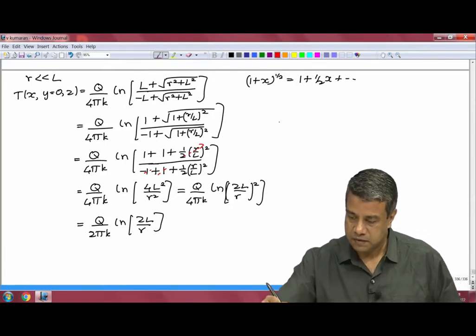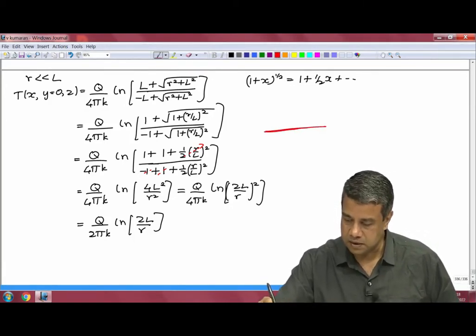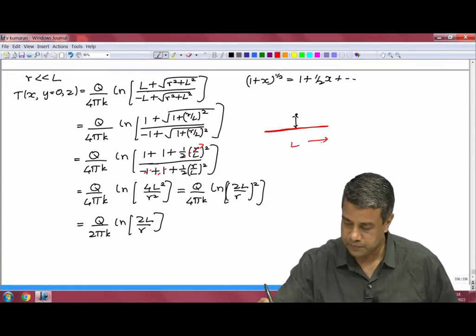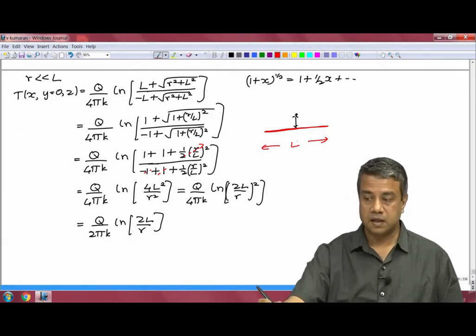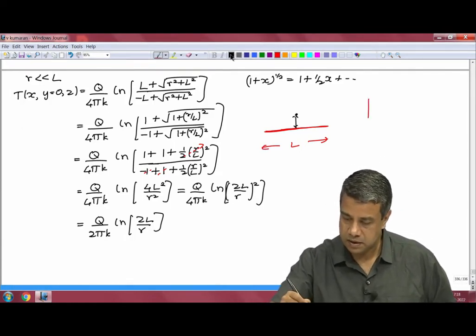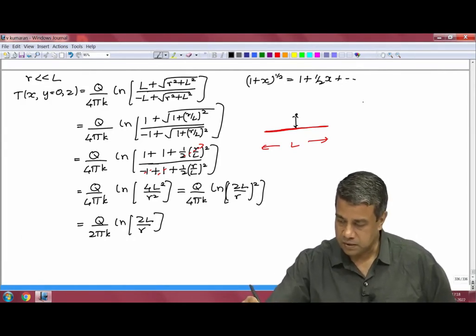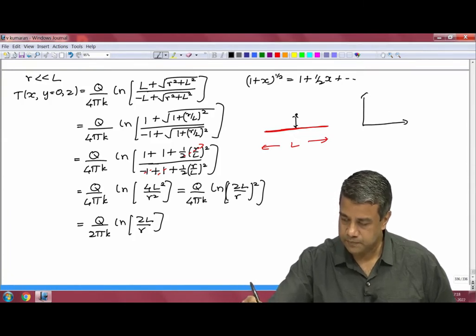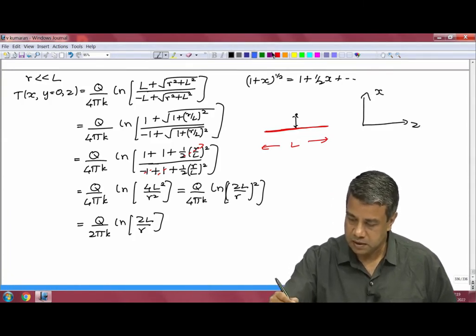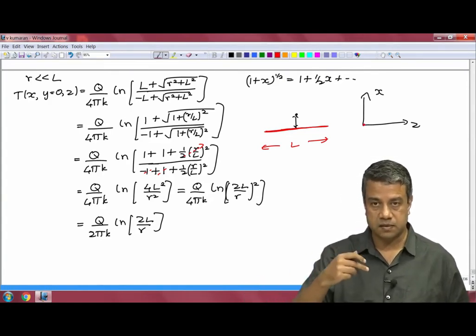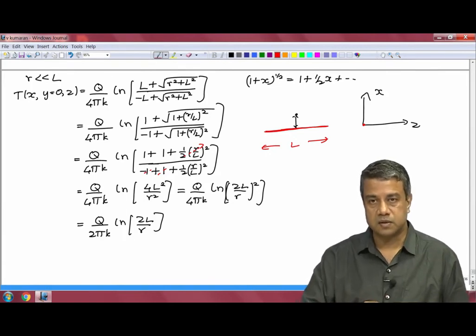If the distance from the wire is much smaller than the length of the wire, and I look at it in the xz plane, the wire looks like a point source in 2 dimensions because the length is much longer than the distance from the wire.